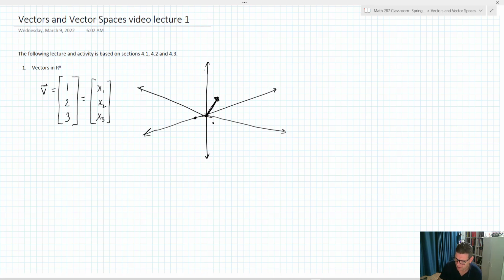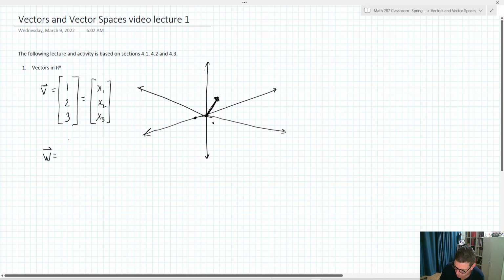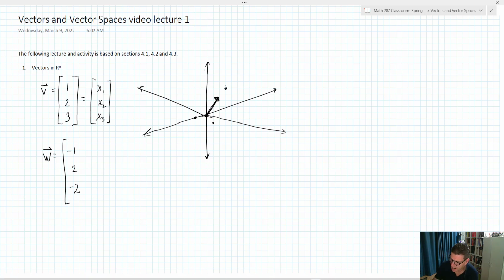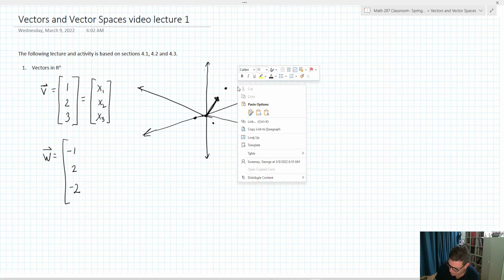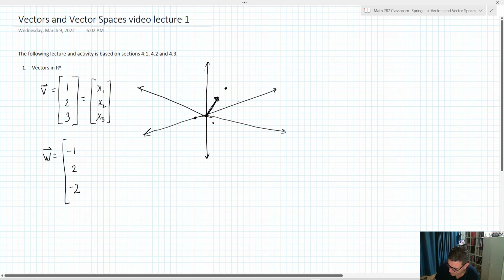So, for example, if I let w equal -1, 2, -2, and I wanted to start out here in space, I'd go -1 in the x direction, 2 in the y direction, and then down 2 in the z direction, and this vector here would be w as well. And that's an option as well.